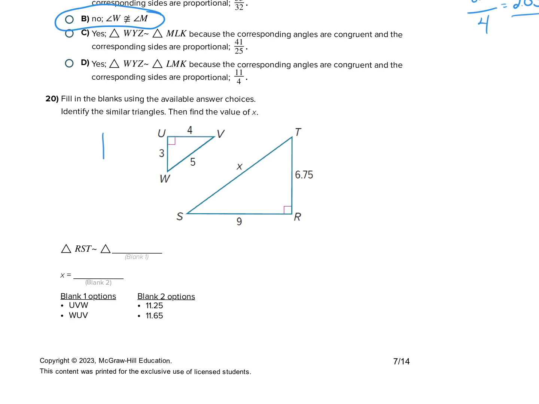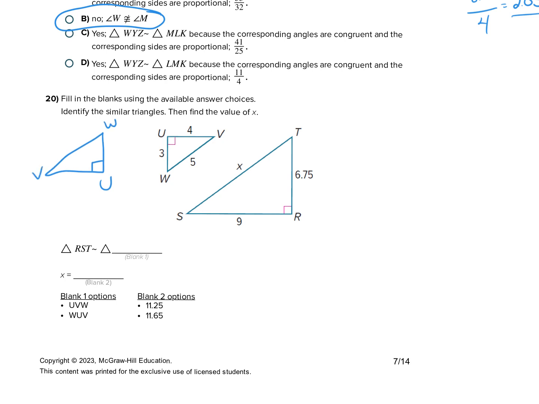So I'm going to try to turn the smaller triangle so that my right angle is at U. So 1, 2, as you can notice, my spatial relations are not great.